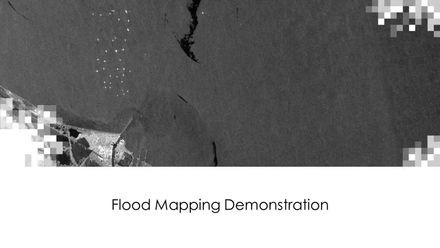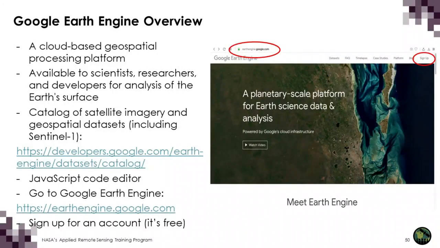And now we'll begin our flood mapping demonstration, which will be done in Google Earth Engine using Sentinel-1, which is C-band data from the European Space Agency. For those of you not familiar with Google Earth Engine, it's a cloud-based geospatial processing platform, and it's free.